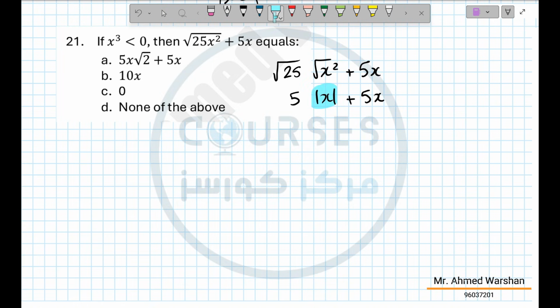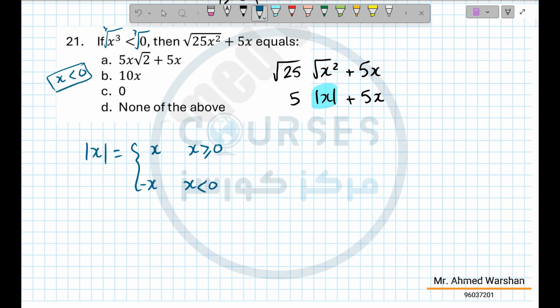Now, the absolute value of x can be one of two things. Using the definition, the absolute value of x is either positive x when x is greater than or equal to 0, or negative x when x is less than 0. Look here, someone will tell me, this is x cubed. If you cube root both sides, it's going to give you x is less than 0, which is the same thing.